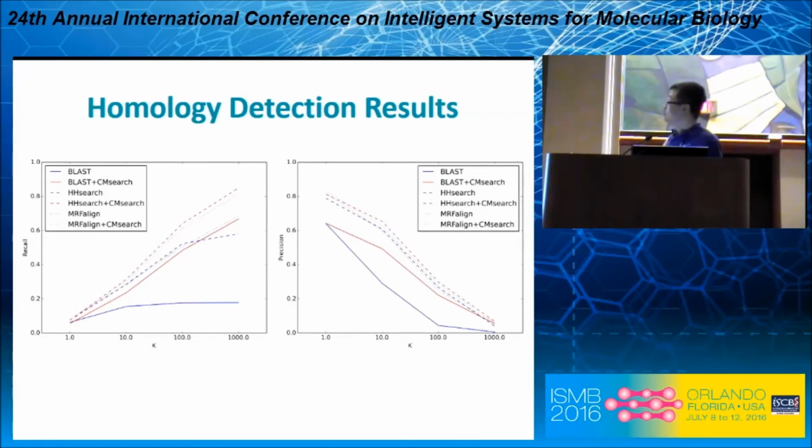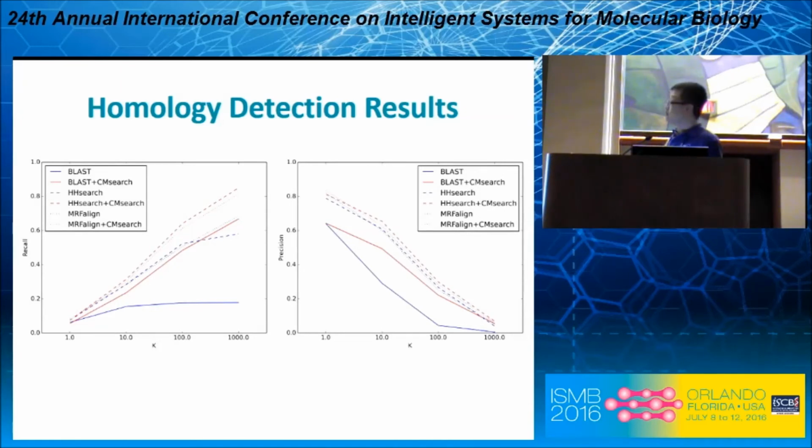The blue curves show those three methods' performance. And the red ones are the corresponding version of CMsearch that uses these corresponding sequence similarity searches to define our sequence space. And we run cross-model learning, and we finally return another top K list, and we compare with the ground truth.